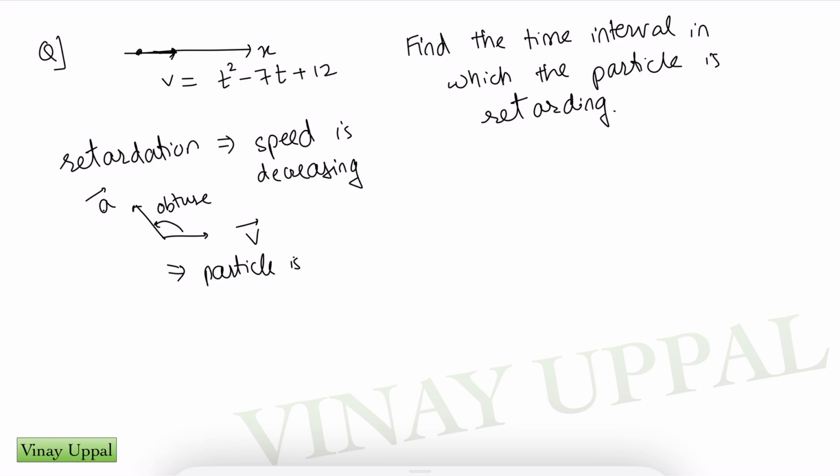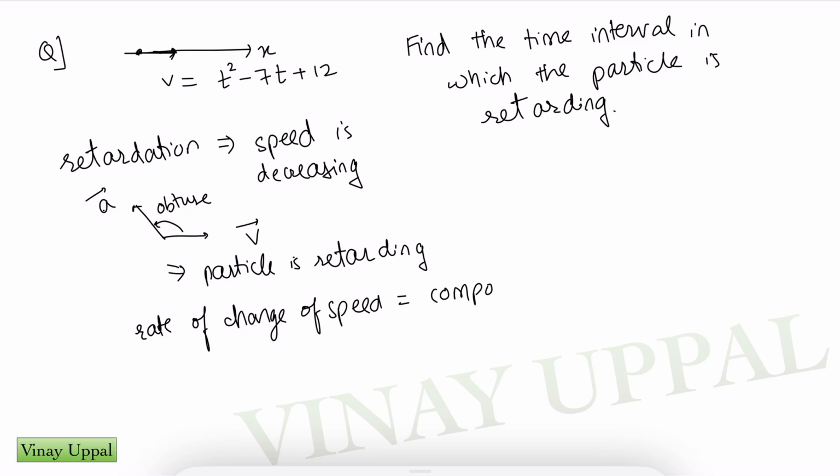Why is that? Why is this implying that the particle is retarding? It is because the rate of change of speed is given by the component of the acceleration along the velocity vector.